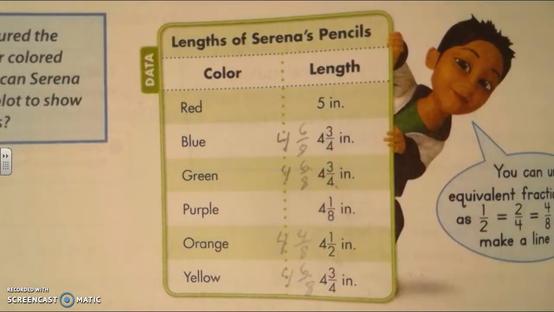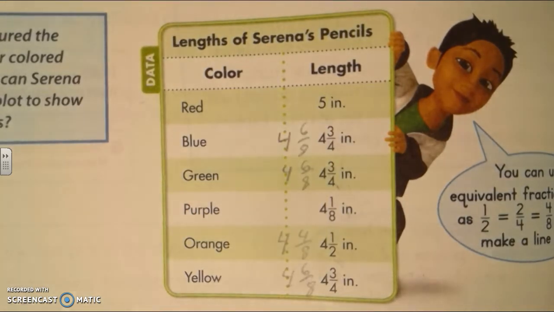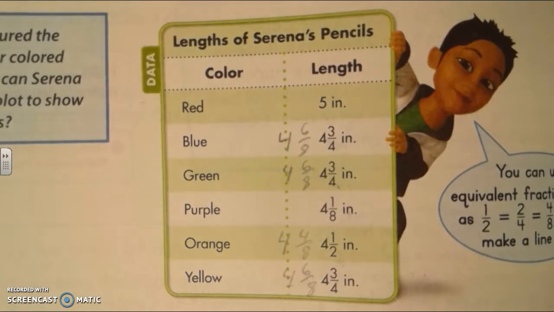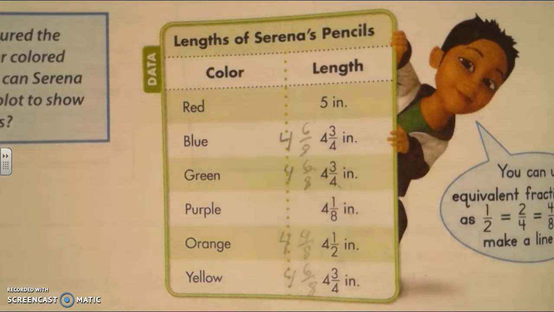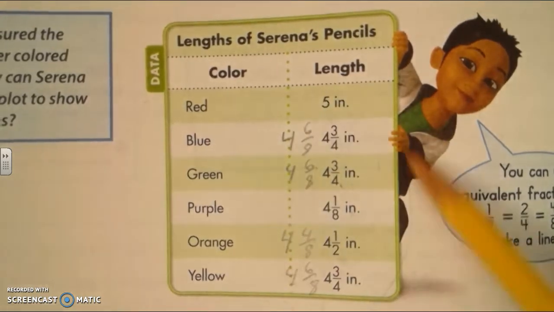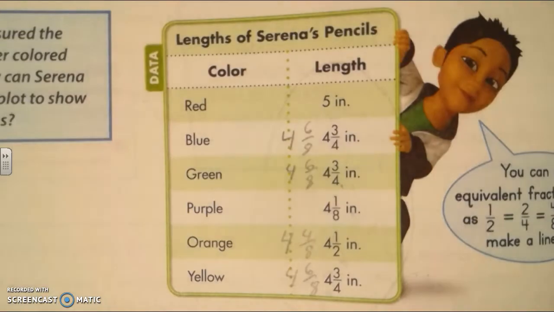So the first thing you're going to want to do when making a line plot is draw a number line and choose a scale, right? That's a key word here, scale. What numbers are going to go on your number line? You'll have to think about what needs to be the lowest number and what needs to be the highest number.